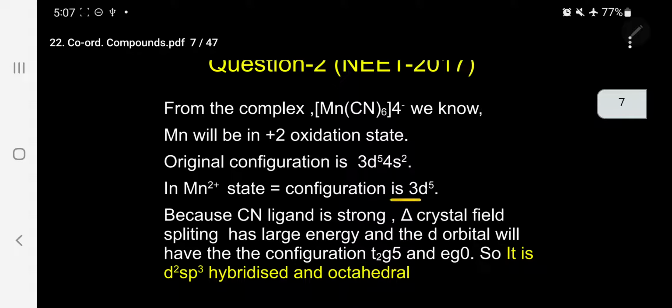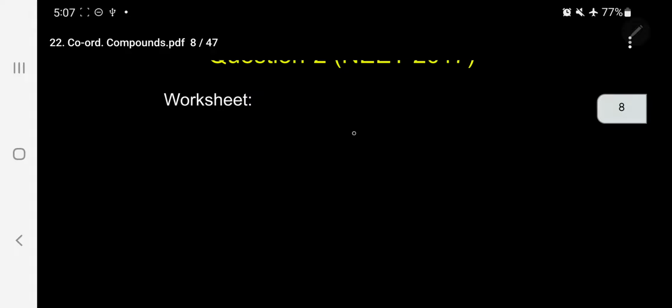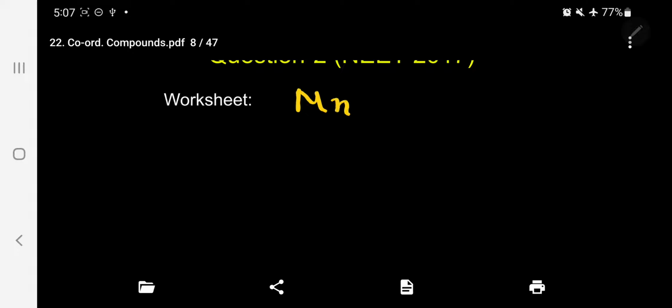Let me explain the other way. Kindly follow. What is the best method to predict the orbitals? We know the manganese electronic configuration is 3d5 4s2.